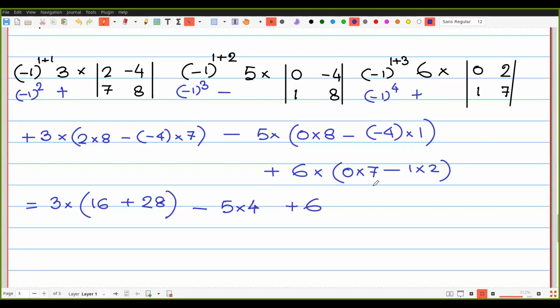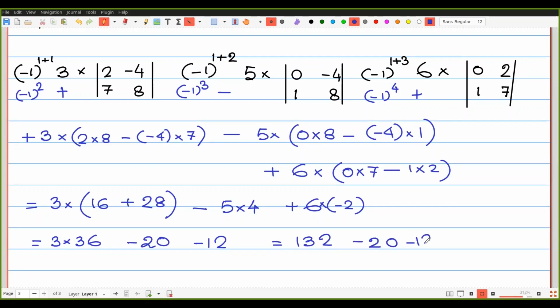Plus 6 into 0 minus 2, so that is minus 2. So that one is becoming 3 into 36 minus 20 minus 12, or that is 132 minus 20 minus 12, and the result is 100.